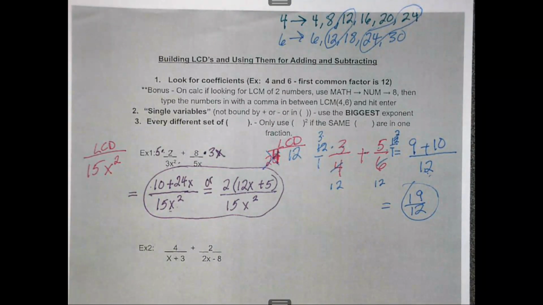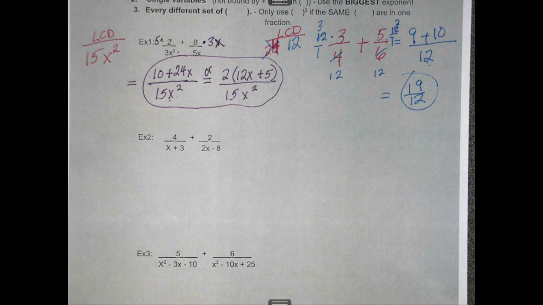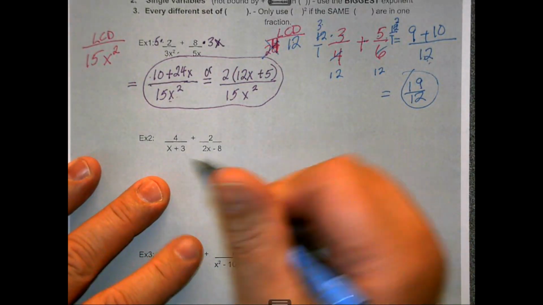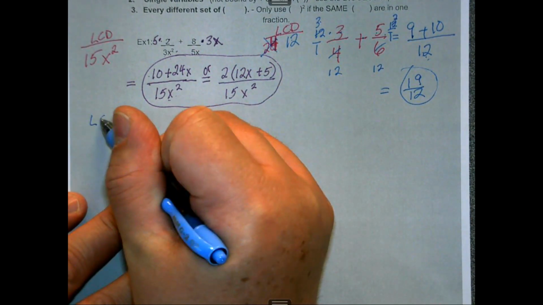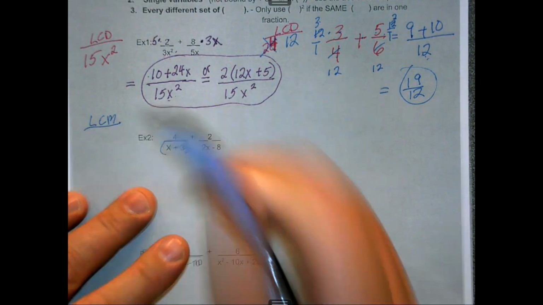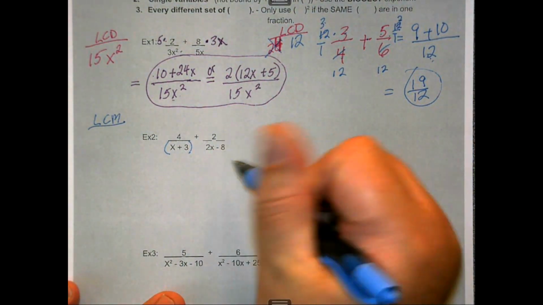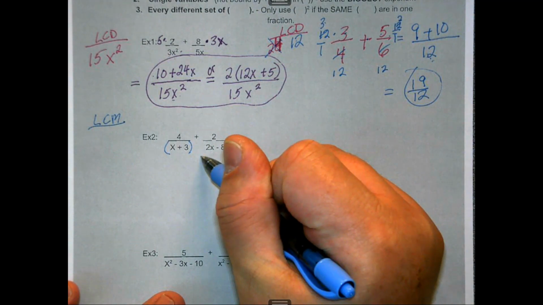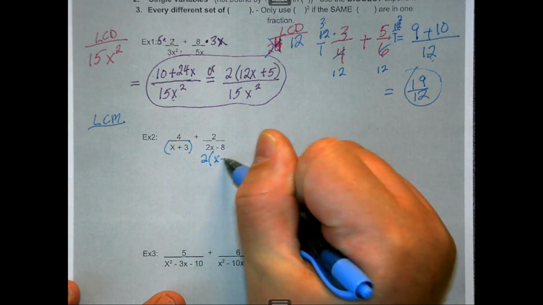All right. Let's do another example. Example number 2 here. I have one, so I need to find the lowest common multiple. I'm going to call it multiple since we're in algebra. And here, I can actually factor out a 2, and I get x minus 4.